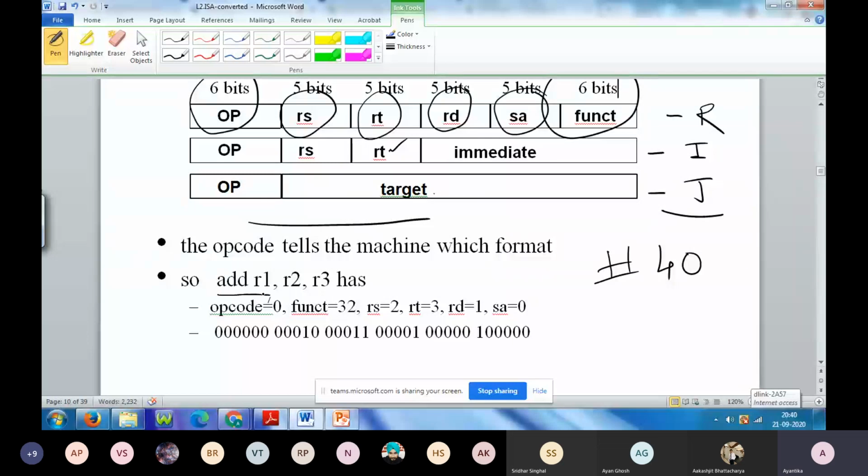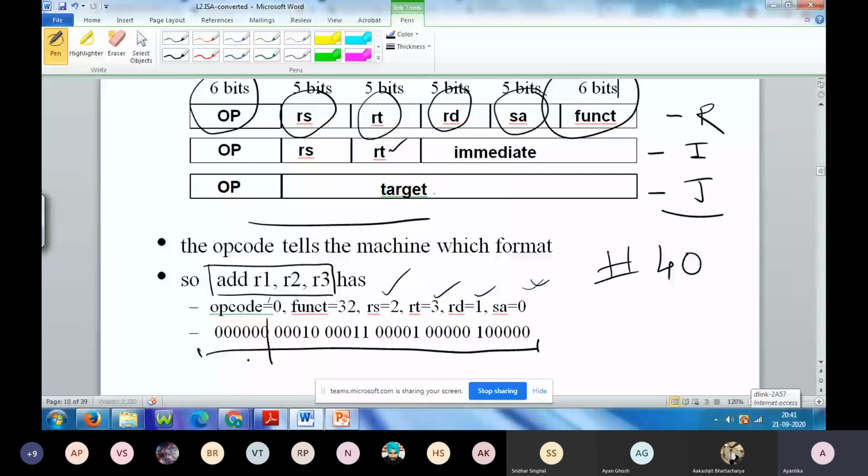If you are dealing with this type of addition instruction, the opcode is already given as 0. The function extension is given as 32, which specifies which type of addition you are going to do. This is the register for the destination address, and there is no concept of shift amount, so that is 0. When your hardware is reading these 32 bits, it immediately gets the idea: the first 6 bits are my opcode.